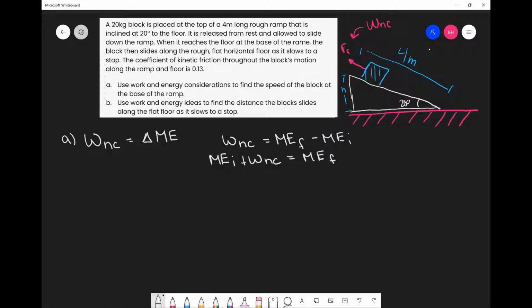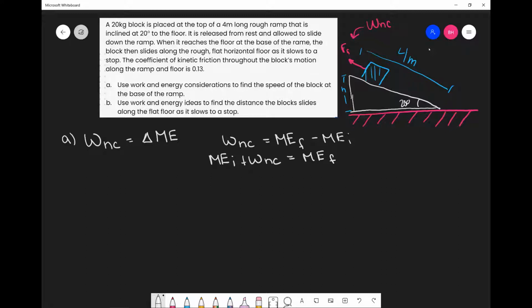So let's think about this scenario and identify what types of mechanical energy we have. When we think about the block at the top of the ramp, we just want to know the speed at the bottom of the ramp. We were told that the block starts at rest. If it starts at rest, it has no kinetic energy. Does it have gravitational potential energy?